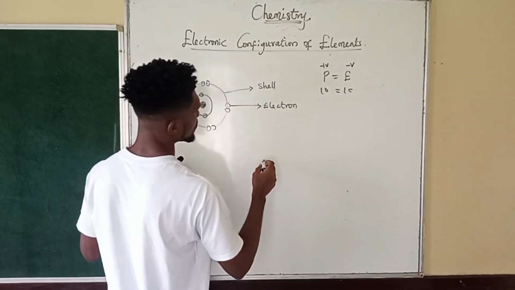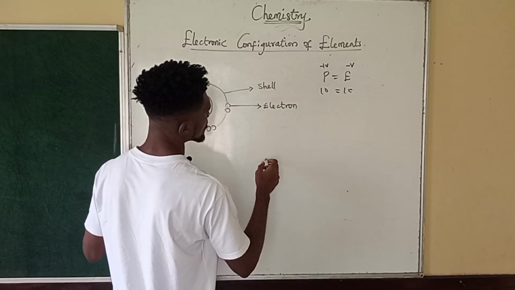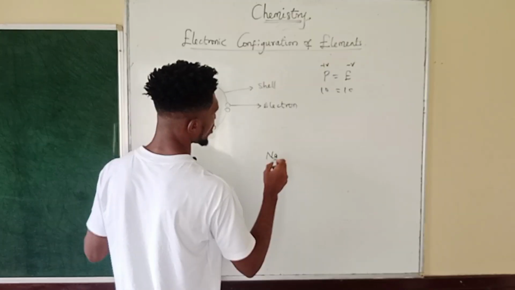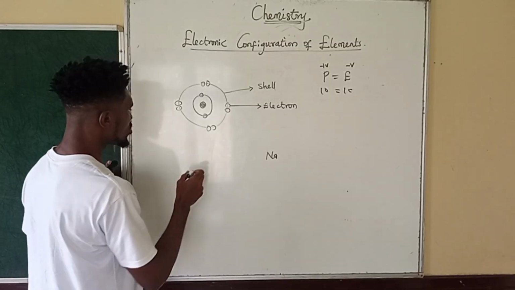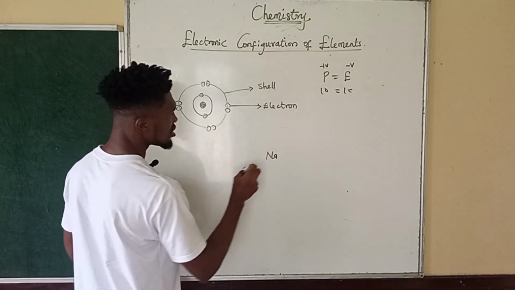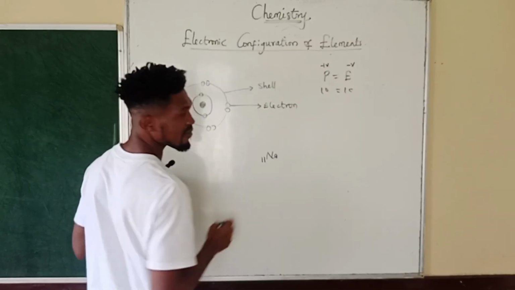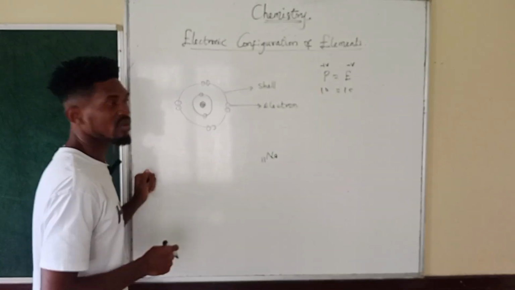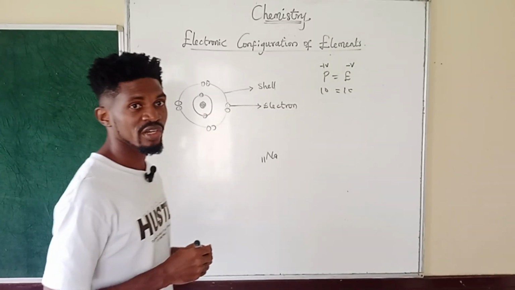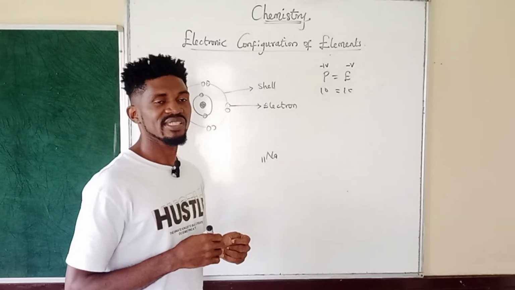Let's say we want to draw sodium. I want us to draw the electronic configuration of sodium. Sodium has the atomic number of 11 and a mass number. Okay, we don't need the mass number, because when we are dealing with electronic configuration, mass number is not needed.